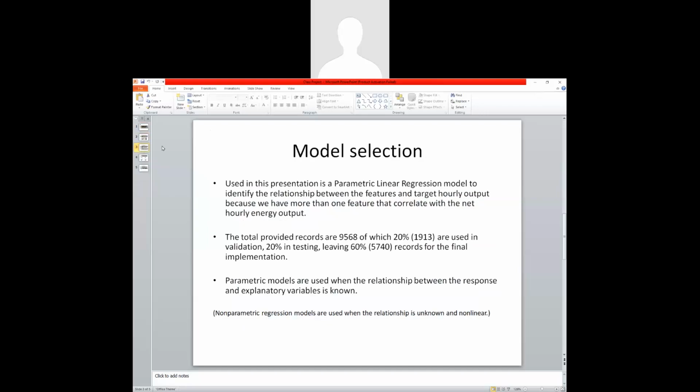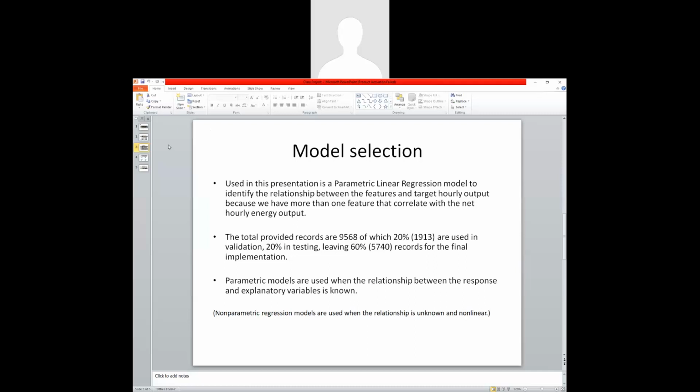So out of the 9,500 records we were given, 20% were used in the initial validation, 20% in testing, leaving the 60% for the final implementation.